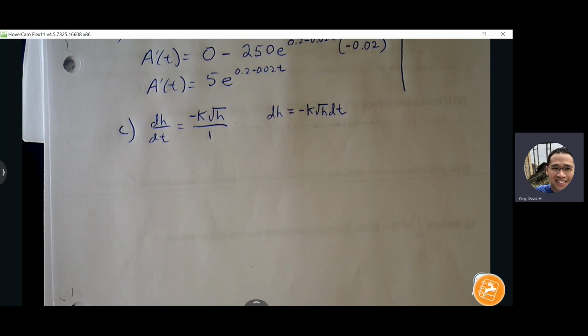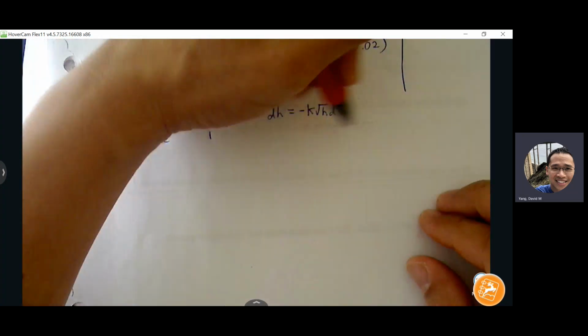That's good, right? The k will stay with the t because it's a number. It's a constant. So anything that does not have to be on the left side, we want to keep it on the right side. The left side, you want to try to keep as minimal as possible. So we'll divide both sides by root h.